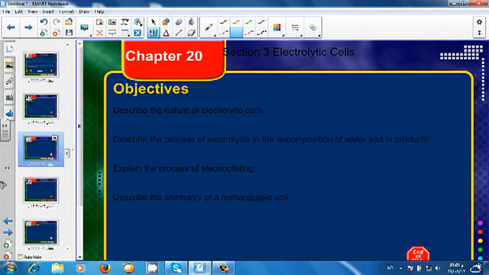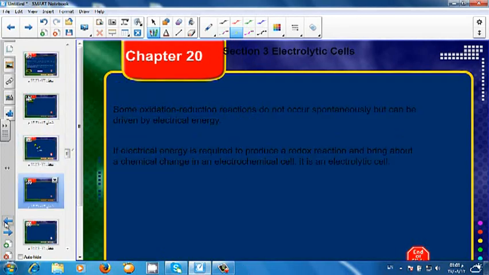So we will describe the nature of the electrolytic cell and the process of electrolysis. Now the part for the electrolysis is cancelled. We will take the part for the electroplating and the rechargeable cells.